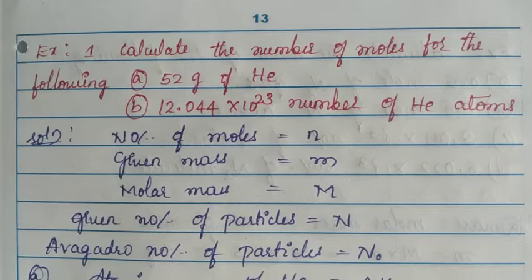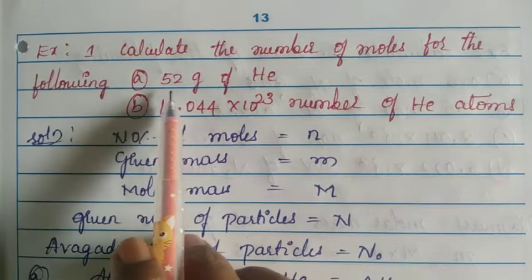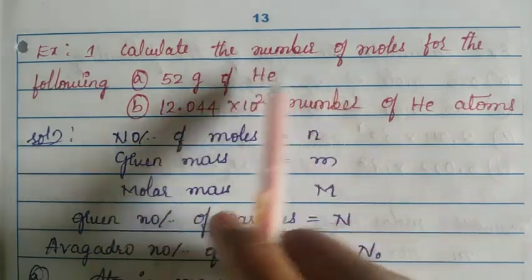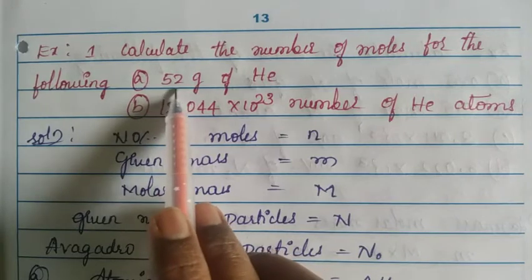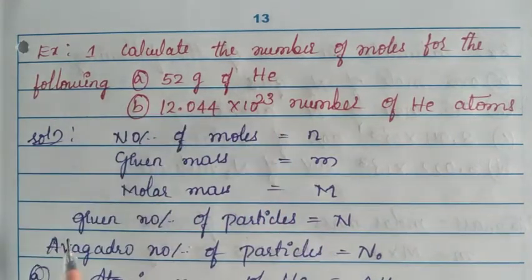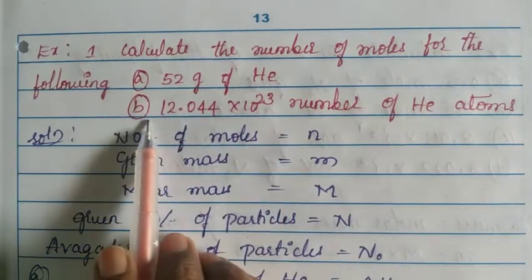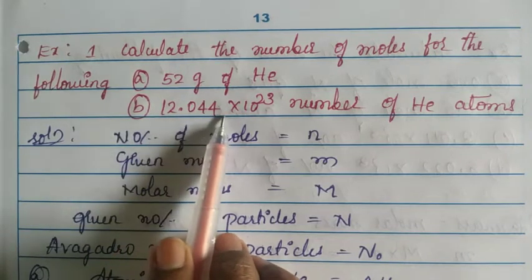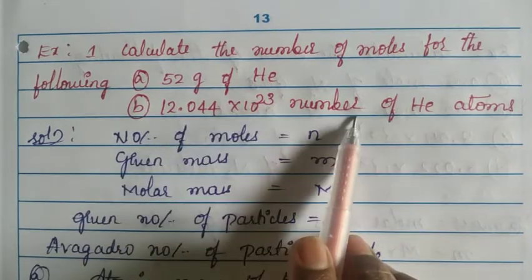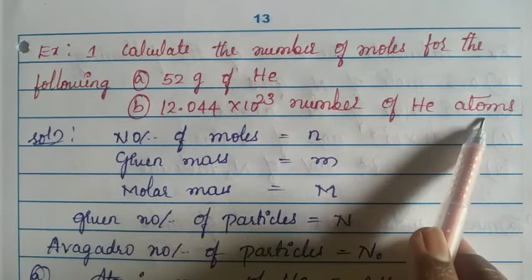Here we have to calculate how many moles are present in 52 gram of helium. The second question is 12.044 × 10^23 helium atoms.